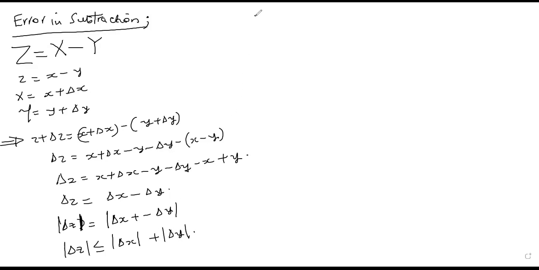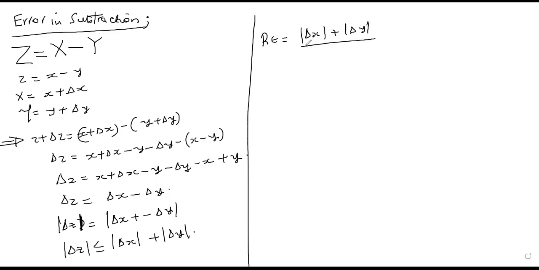So the same applies to the relative error. The relative error is going to be equal to, we shall divide the absolute error by the original, which is x minus y. So it is going to be delta x plus delta y divided by the original, which is x minus y.